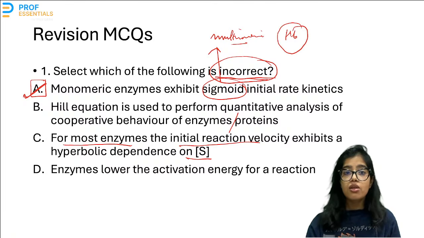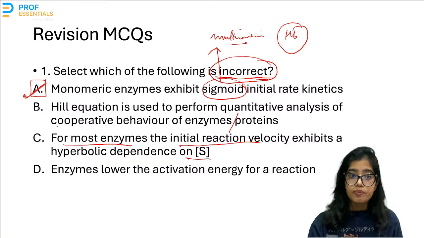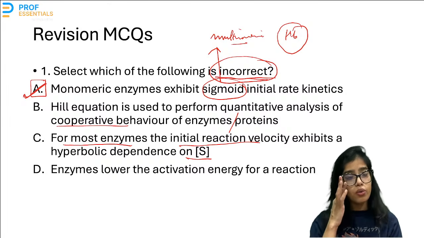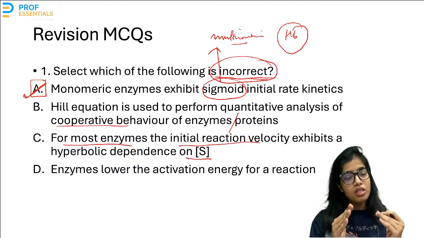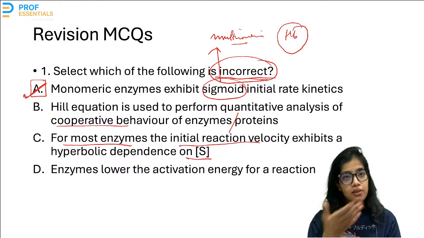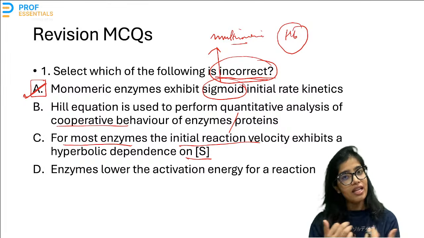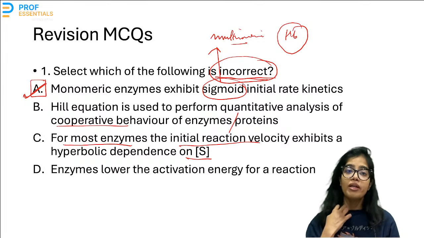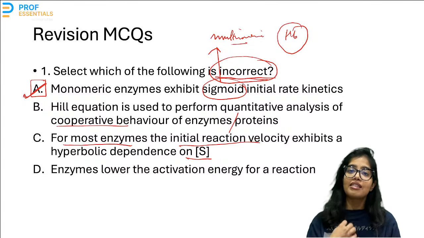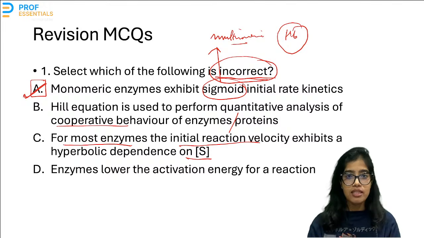And it exhibits cooperative binding. That is, once one molecule of oxygen attaches, the affinity for the other oxygen molecules drastically increases. The other oxygen molecules can very easily come and combine to the hemoglobin molecule. So that is cooperative behavior. That is classic of tetrameric or multimeric enzymes or proteins, and it displays sigmoid kinetics.